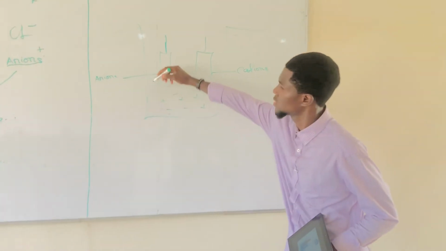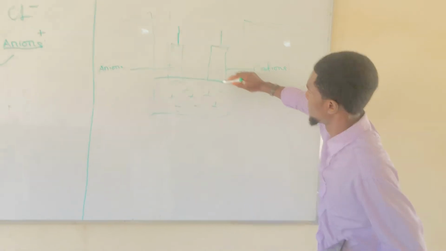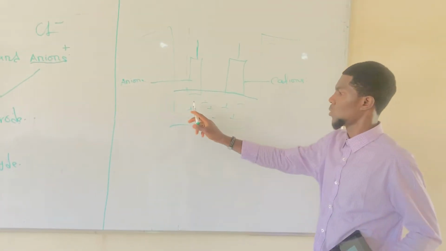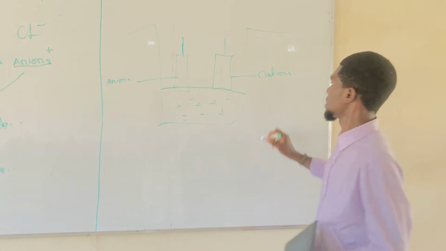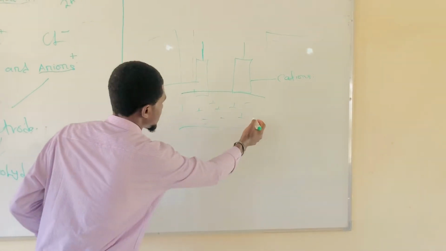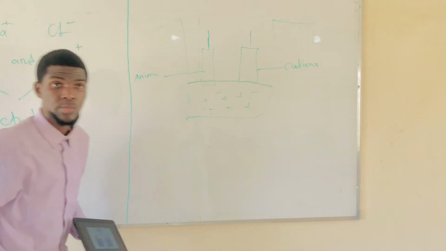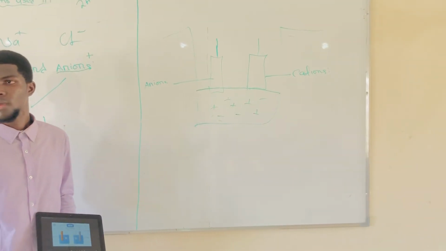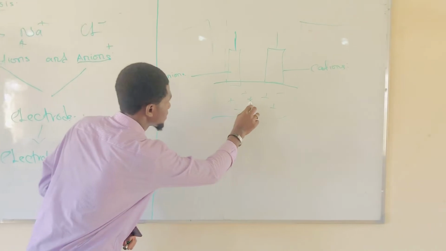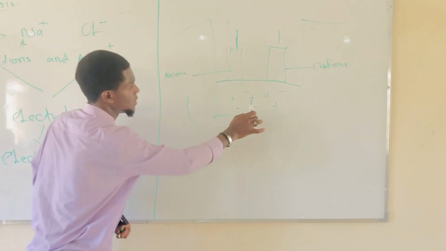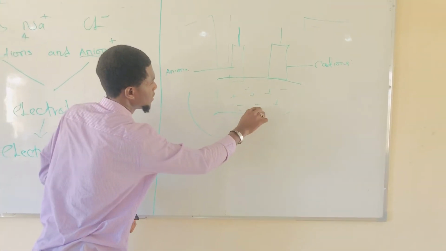In this container, we are containing both the cations and the anions, right? So the electrons usually flow like this. For example, which one is the acceptor and which one is the donor? Anions is the donor.